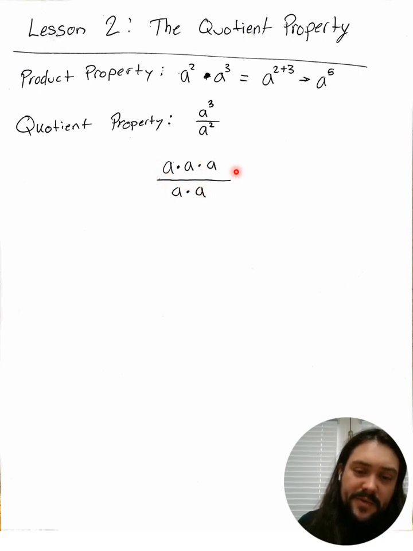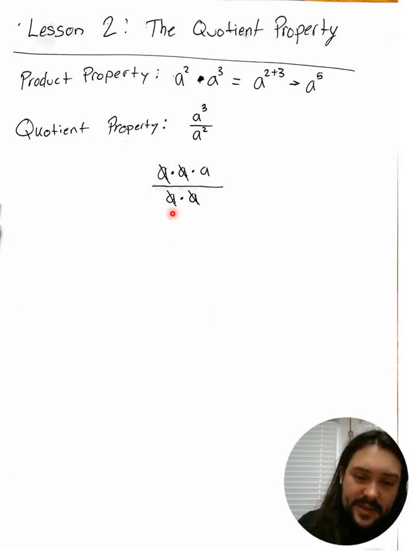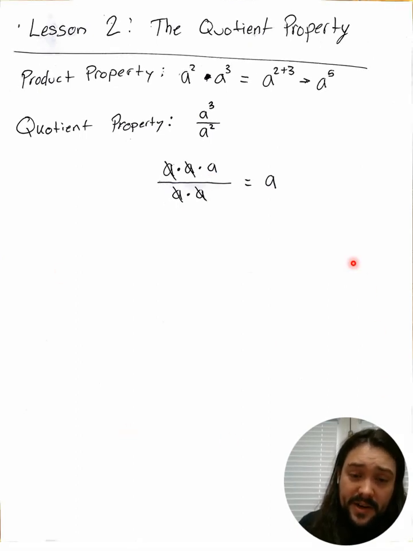So a times itself 3 times in the numerator, a times itself twice in the denominator. Now I can cross those out. A divided by a is 1, a divided by a is 1. But I have this one a left over. And that's the only thing left, and so the answer is just a.